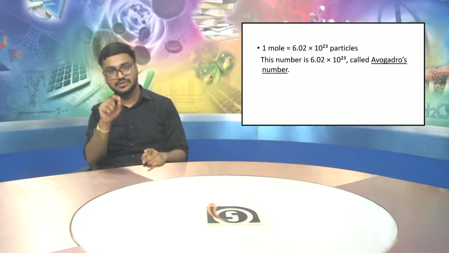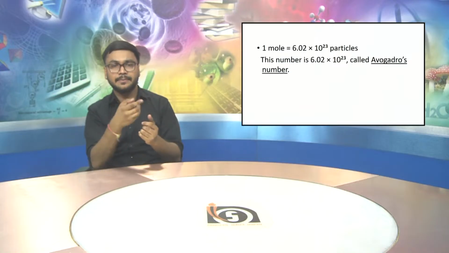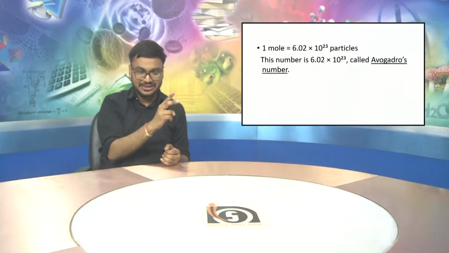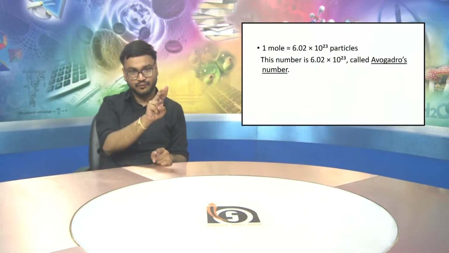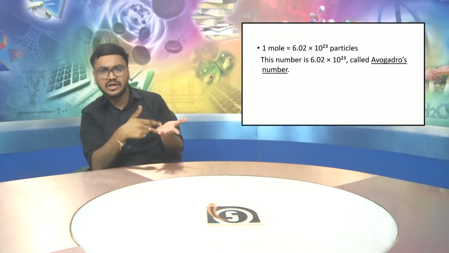One mole is equal to 6.02 × 10²³ particles. This number is called Avogadro's number.